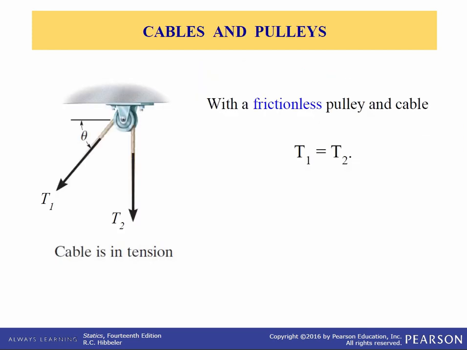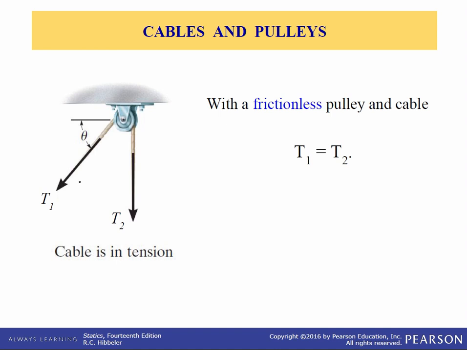The next thing we'll look at is cables and pulleys. Now, unless otherwise stated throughout this course, except in section 7.4, which we won't cover anyway, all cables or cords will be assumed to have negligible weight and they cannot stretch. Also, a cable can only support a tension or a pulling force, and this force always acts in the direction of the cable.